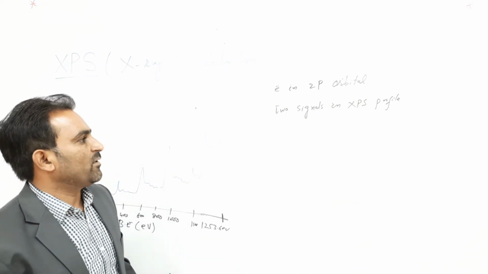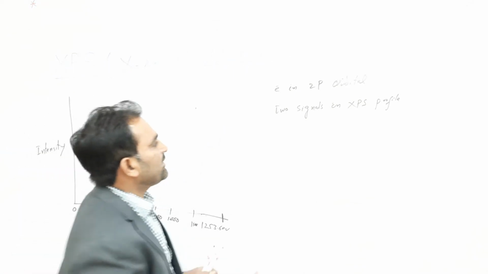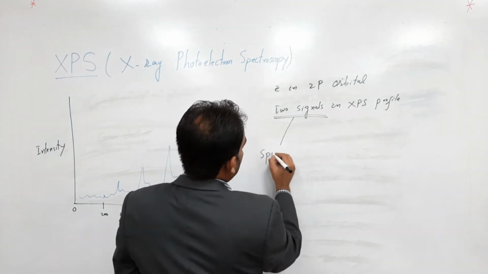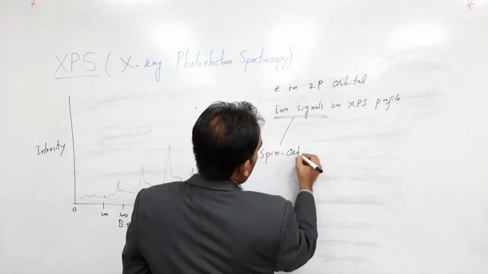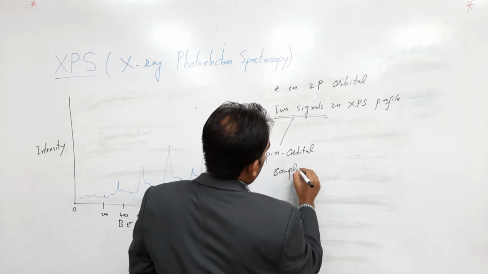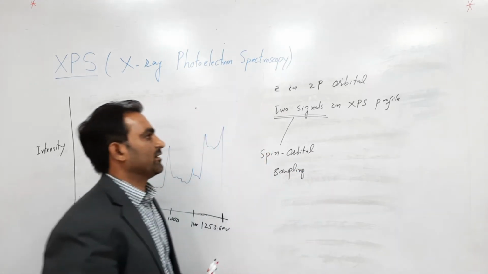What type of signals will these be? These two signals are due to the spin orbital coupling or splitting, you can say.